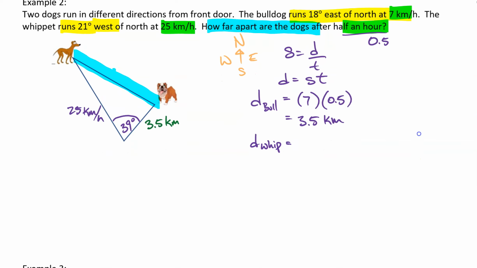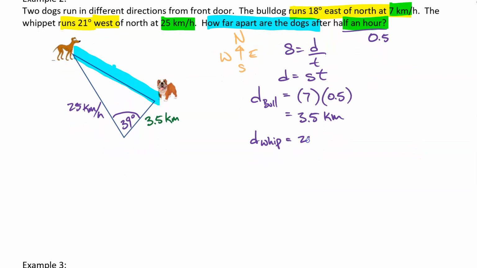The whippet goes 25 kilometers per hour and goes for half an hour as well. So we have to change the speed to an actual distance by multiplying it by the time. And if we do that, we all know that this is 12.5 kilometers. Basically speaking, this dog is gone.